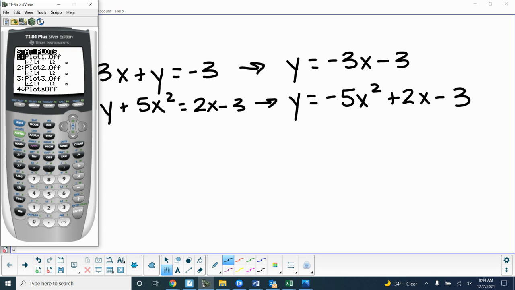But if one of yours is on, if you hit 4, that says plots off for 4, and then enter, that turns them all off if you're getting issues with your calculator. All right? And then you can hit zoom 6 to get that basic window that's negative 10 to 10 for the x's, negative 10 to 10 for the y's. Okay? So there's our graph.